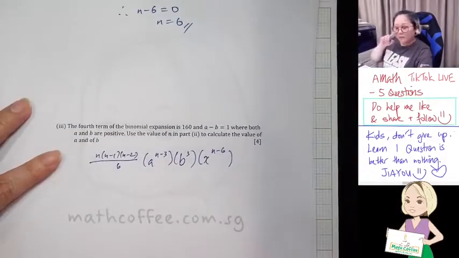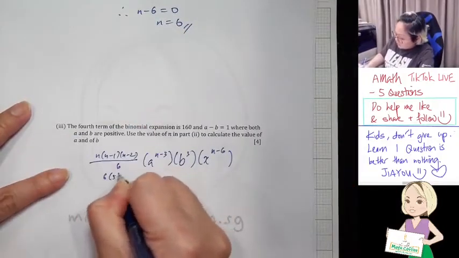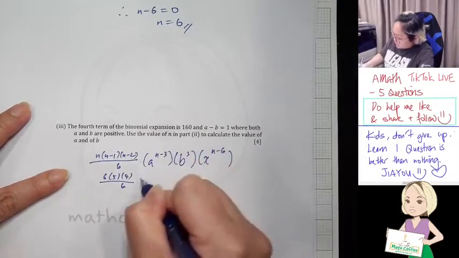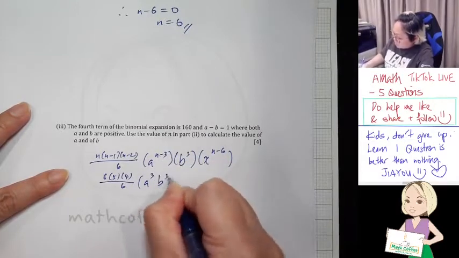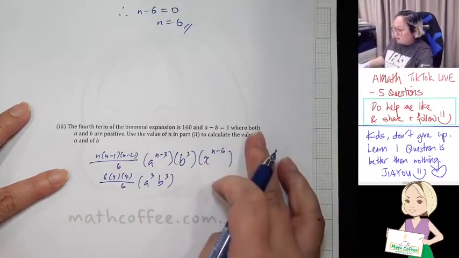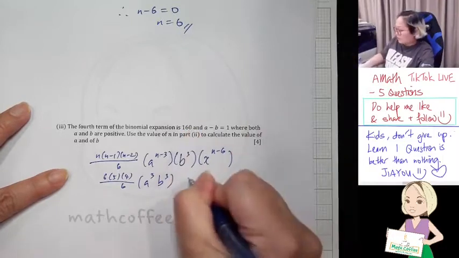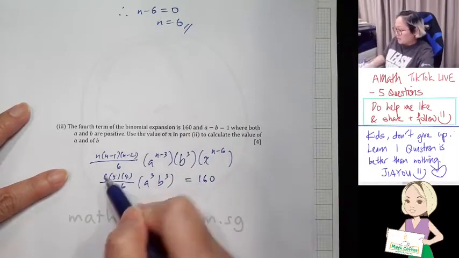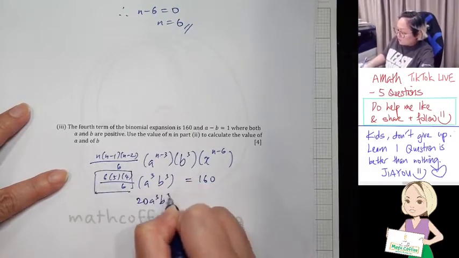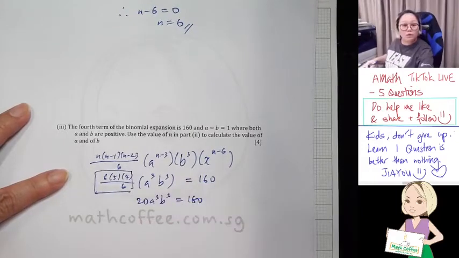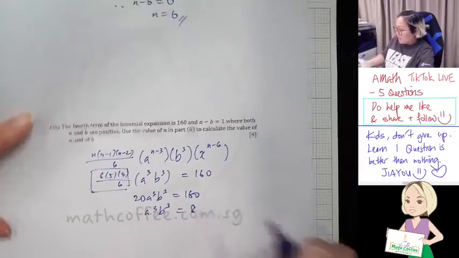Then after that, sub in n equals 6. So it will be 6, 5, and 4 over 6. This is a, 6 minus 3, so it's a cubed, b cubed. And then this one, of course, is x to the power 0. And they are telling you this whole thing is 160. So just equals 160. And when you key into the calculator, this is 20. So I get 20a cubed b cubed equals 160. So a cubed b cubed will be just equal to 8.